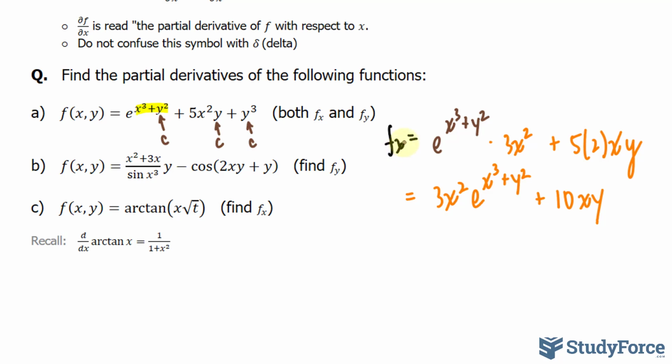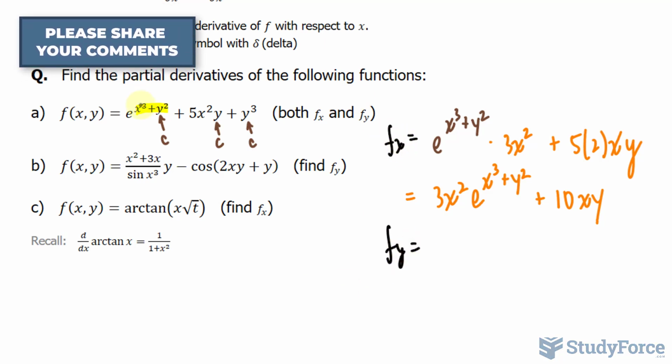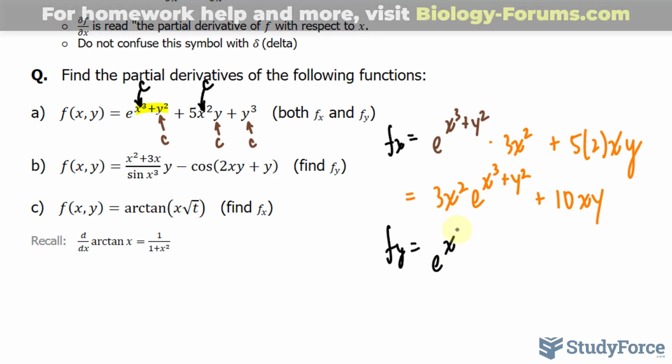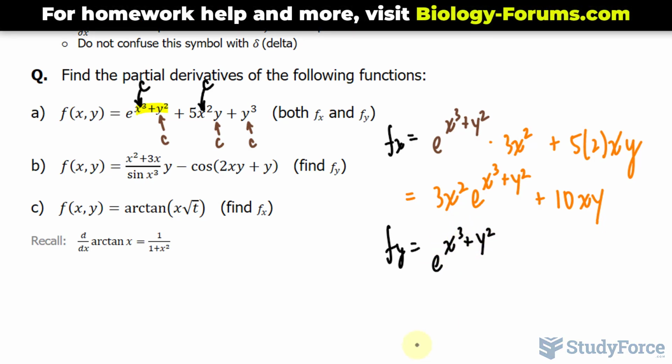Now let's find out what f sub y is. And this time, this is considered a constant. So is this. And that doesn't apply to this term. We'll take the derivative of that first term, e to the power of x to the power of 3 plus y to the power of 2. Now we take the derivative of that.